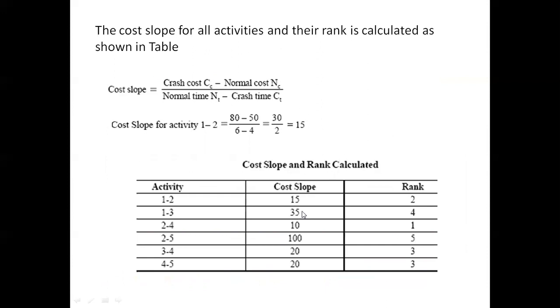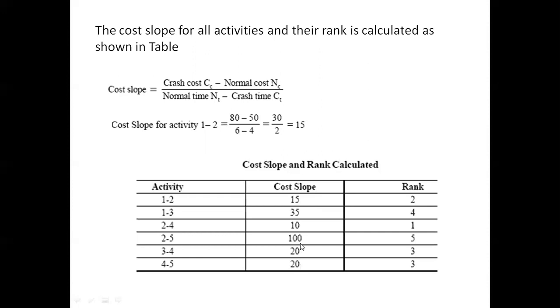The lowest cost slope here is 10, corresponding to the 2 to 4 activity. So the activity 2 to 4 is given rank 1. Then after 10, the next lowest cost slope is 15, and we have given rank 2 to this activity 1 to 2. Similarly, after 15, the next lowest is 20 and 20.